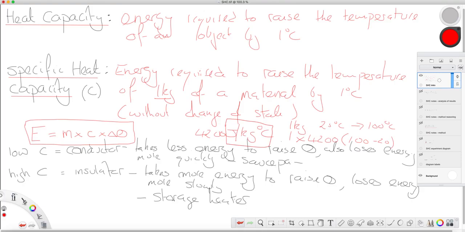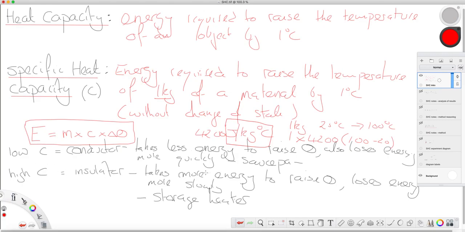That's not good. Whereas if you make your saucepan out of aluminium, it has a small specific heat capacity, so it will heat up quickly, it will cool down quickly, and the pan itself will store less energy. You don't want the pan to store it, you want the pan to deliver it to the contents of the pan.